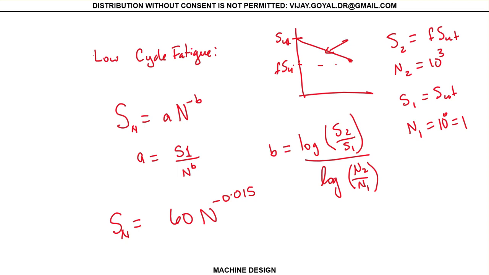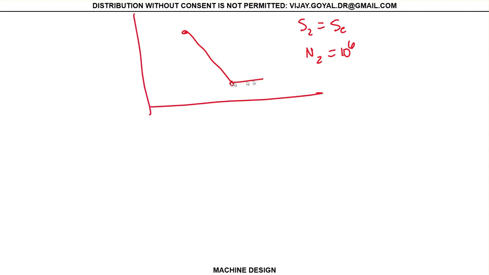And then for the second line, you can also show that you go from here. Now for that particular line, your S2 will be SE, your N2 will be 10 to the 6, because this is the value. Remember, this is the plot I'm doing. This is your endurance limit.